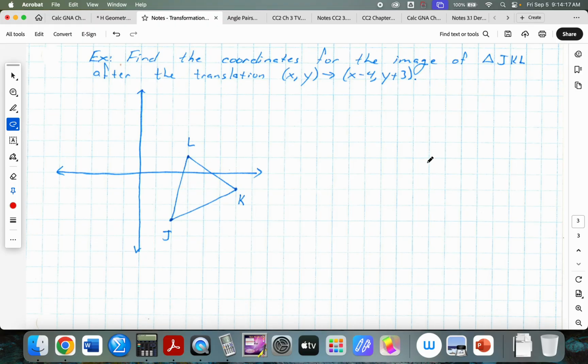All right. One more problem. Find the coordinates for the image of triangle JKL after this translation that says xy translates to x minus 4 and y plus 3. So, for example, point L has coordinates 3, 1, right?